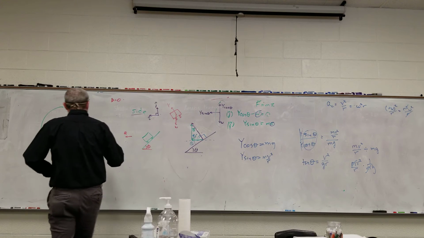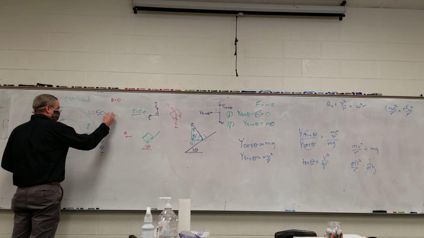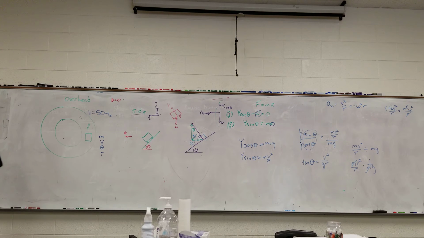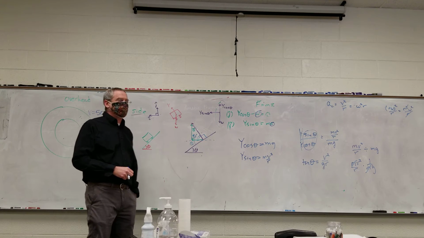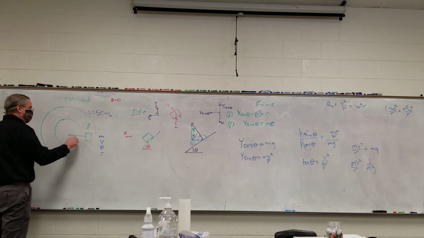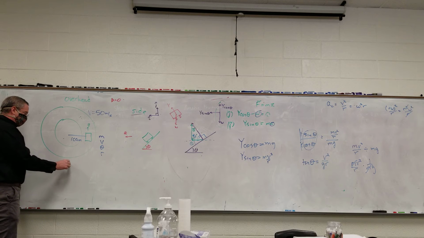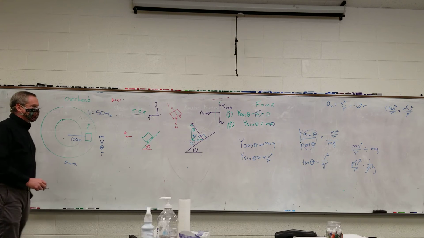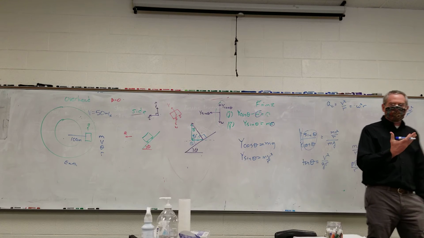Let's say the car is going 50 meters per second, about 110 miles an hour, around this frictionless curve. This person's a daredevil. Radius of curvature, we'll make that 100 meters. And what the heck, let's put this on Earth. What is the angle, that ideal angle?